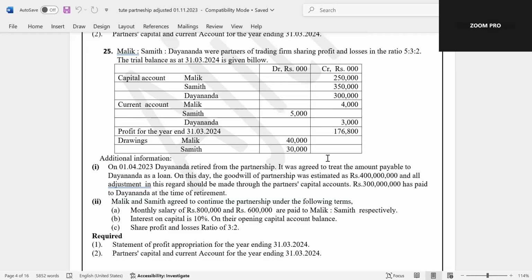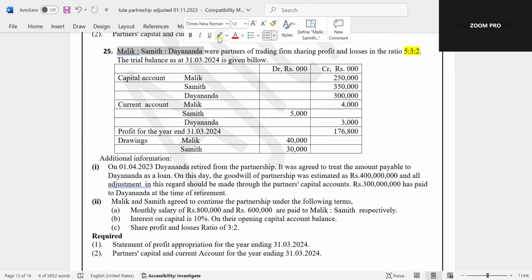Question number 25. Malik, Samit and Dayanand were partners in a trading firm, sharing profit and loss 5-3-2. Therefore, this is the old ratio. There are three partners at present: Malik, Samit and Dayanand.